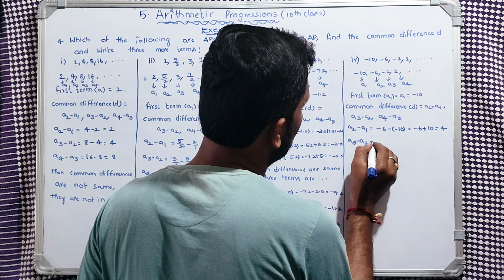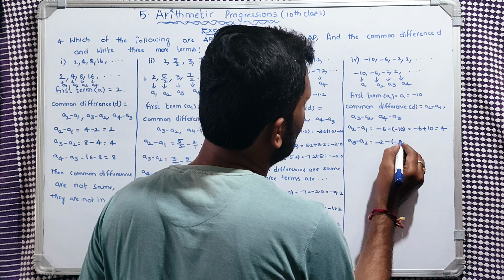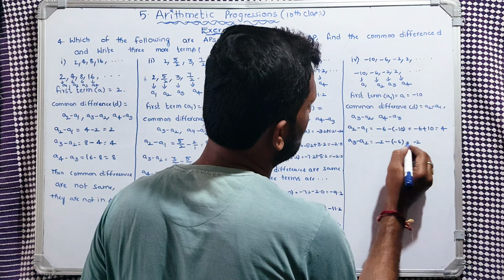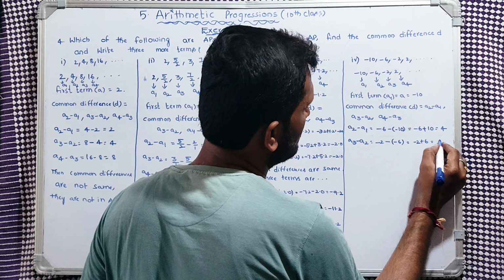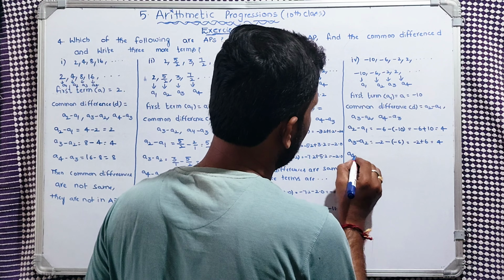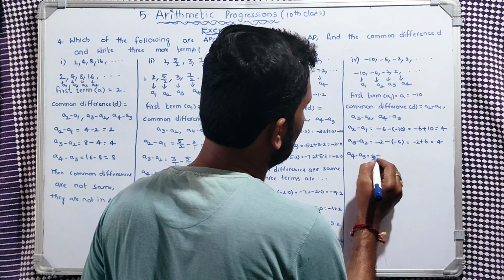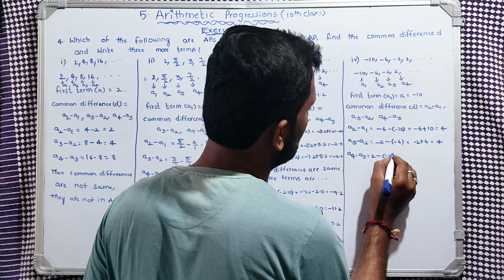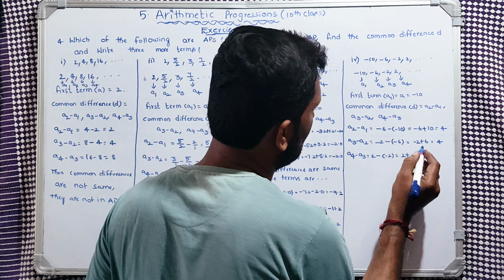Next, A3 minus A2. A3 means minus 2 minus A2 means minus 6, equal to minus 2 plus 6 equal to 4. Next, A4 minus A3 equal to A4 means 2 minus A3 which is minus 2, so 2 plus 2 equal to 4.